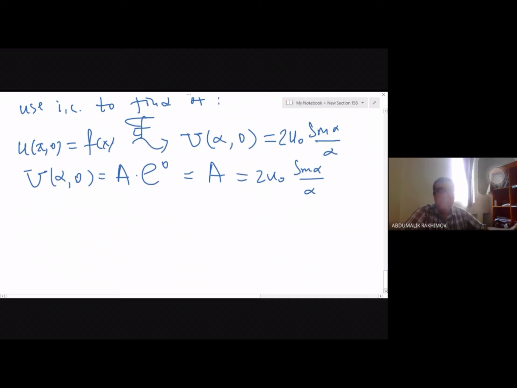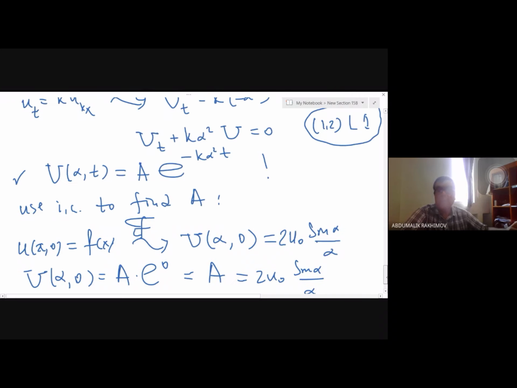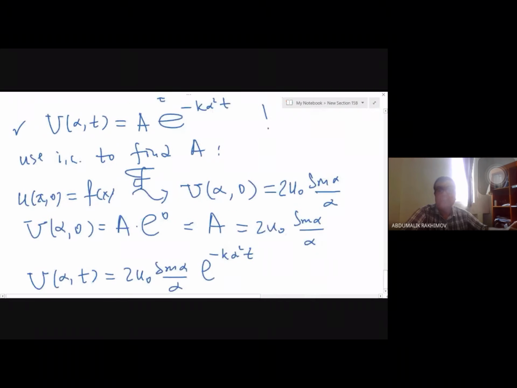Good. Now I can substitute this A into the solution. U(alpha, t) is equal to u0 sine alpha over alpha exponential minus k alpha square t.